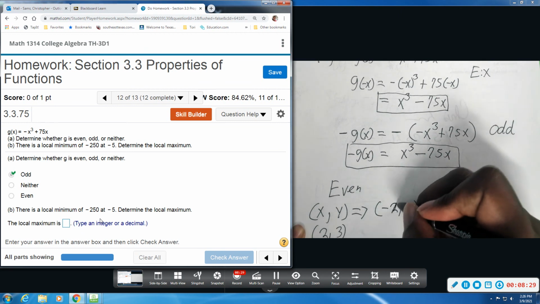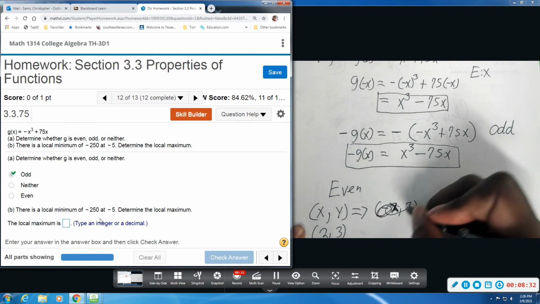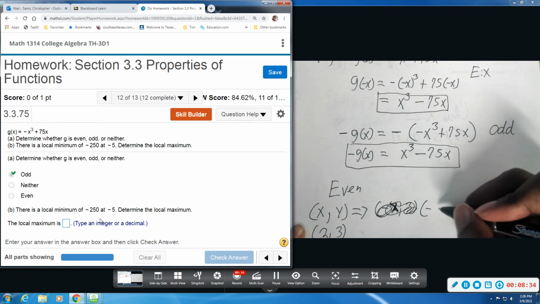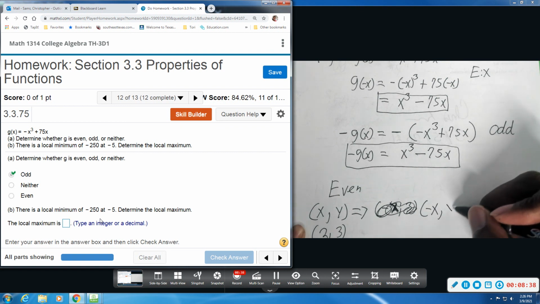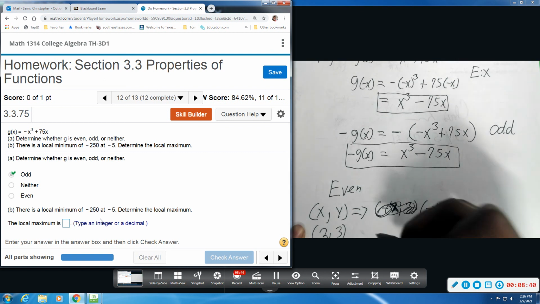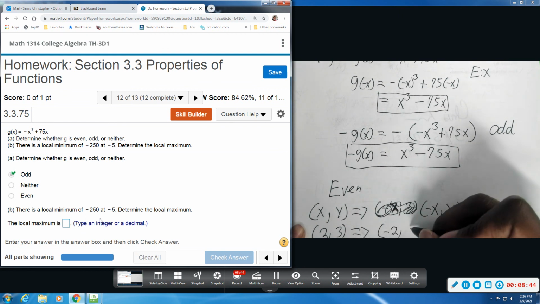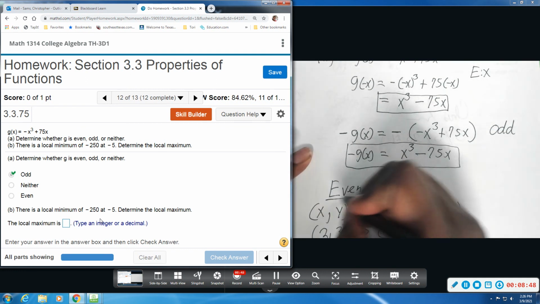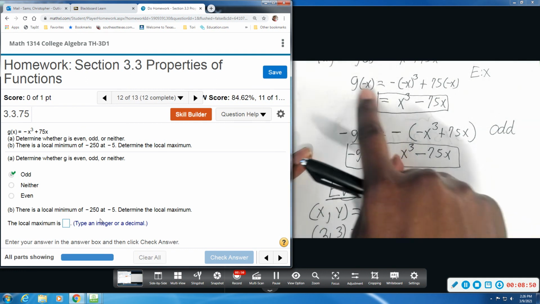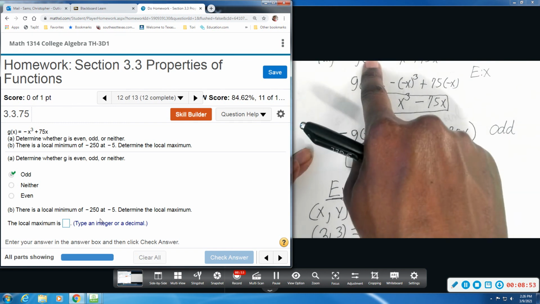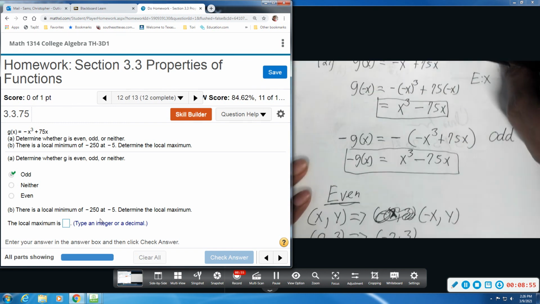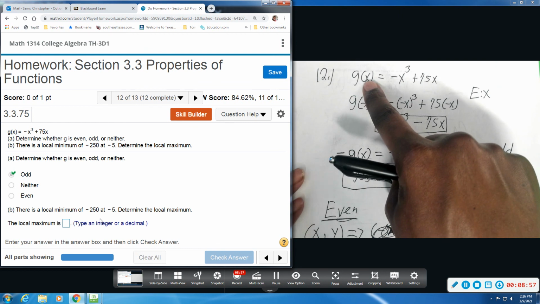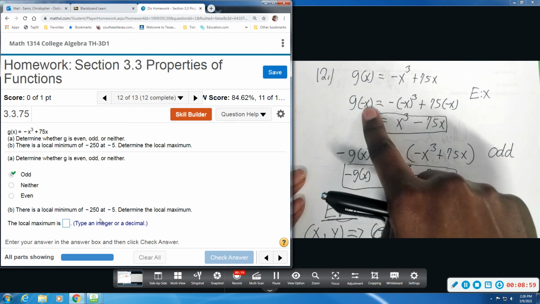Or negative x, let me put it in notation first. Negative x, if you change the sign of the x to negative, this point is on the graph, and therefore this point, negative 2, positive 3 would be on the graph. If we know it's even, all we do is change the x value. That's what's happening here. So comparing this original to this, all we did was change x negative.